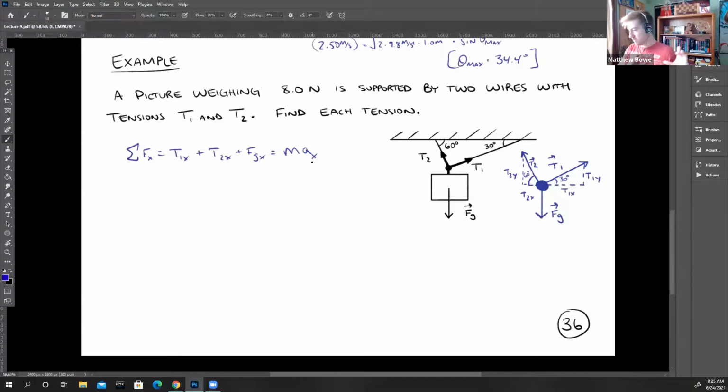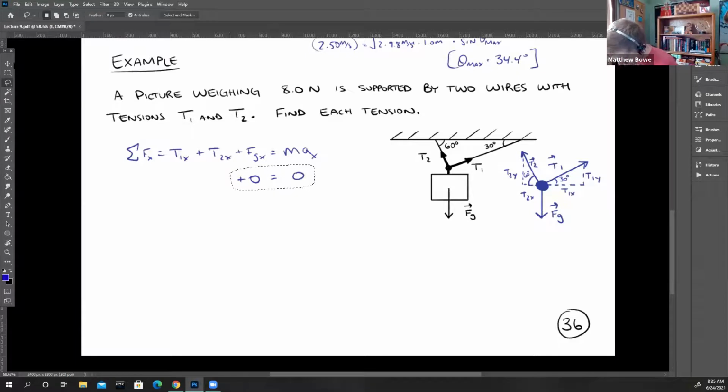It's not moving, accelerating left or right. So that makes this go to 0. Also, the force due to gravity is not accelerating left or right. There's no horizontal component to that. So all we're left with is these two.